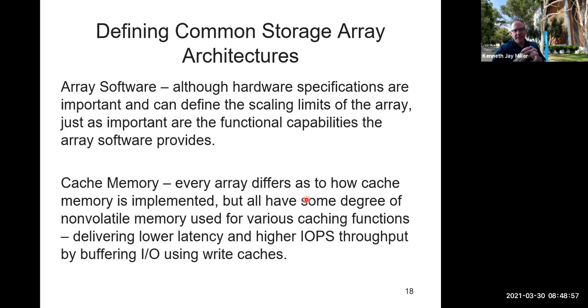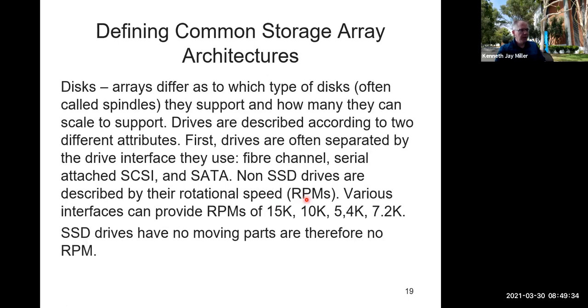And the faster the cache, the lower the latency, and the higher the input output per second will be, because it's going to buffer or store that information in the cache memory. So the more cache and the faster the cache, the faster the performance is with the IOPS, and the lower the latency is because there's no delay. Okay, so all this has to round out into what we will hope is our optimal performance.